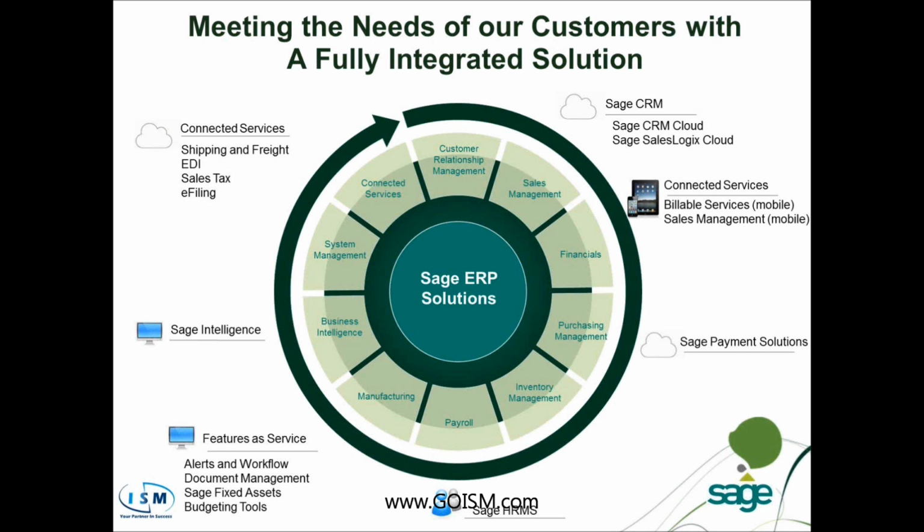And getting back to the free part of what you have today: everybody that's on Sage MAS 90 or Sage 100, 4.5 and above, has one free CRM user, and that's a concurrent license. You can create as many named users as you want as long as no more than one user is in it at any time. That's all part of the package. So you have that today, and you can turn it on and take advantage of it.